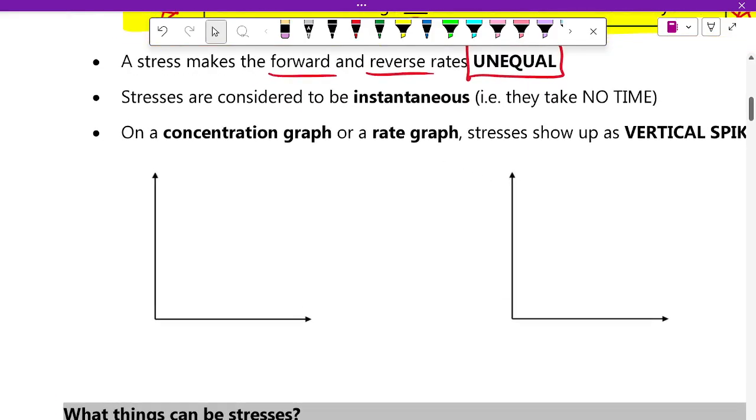So let's do, first of all, a concentration graph here. So we have the concentration in moles per liter. And we have time. And a rate graph, we have rate versus time.